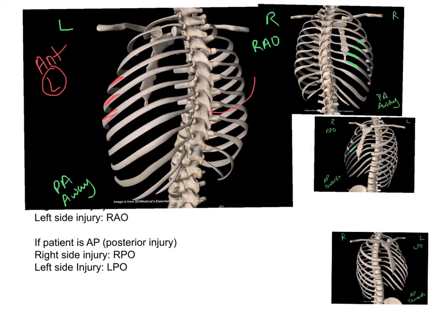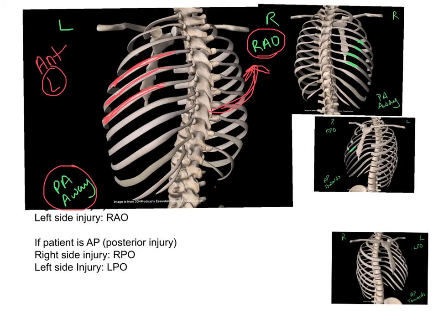So we're going to move the spinous processes towards the right, which means our patient's right side is now closest to the IR, giving us an RAO position and elongates the left-sided ribs. Okay, so we were in a PA position. We moved our patient's affected side away from the board, our spinous processes away from the side of injury, and it resulted in a right anterior oblique.